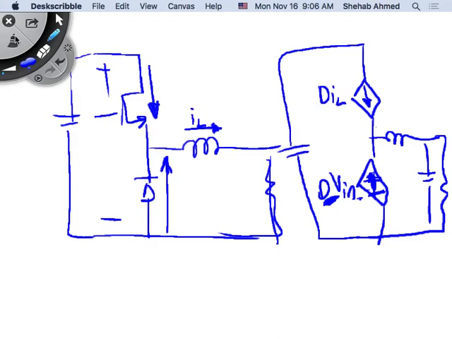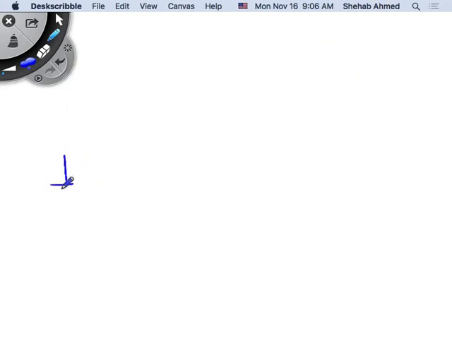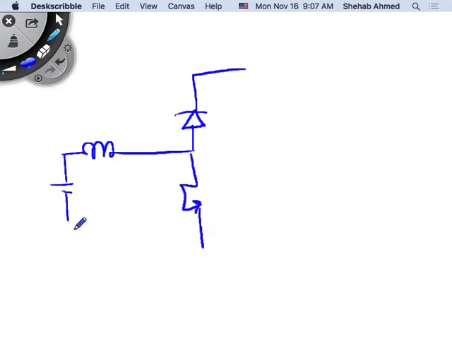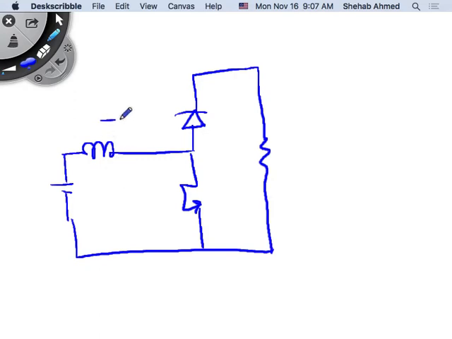Okay? For the boost converter, our MOSFET was here, the diode was here. This is IL, and this is V output. When the switch is on, I'm seeing 0 volts here.